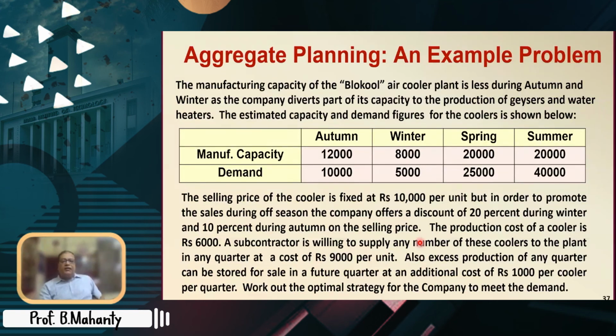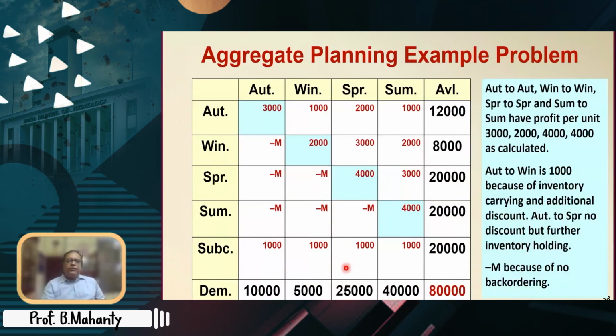On the other hand, the production cost is only 6,000. So it is not very good to get from the subcontractor. The subcontractor can supply any number of units, so we would take only 20,000 from the subcontractor, that is the remaining units. So the total becomes 80,000 from both sides, and we have a balanced problem.